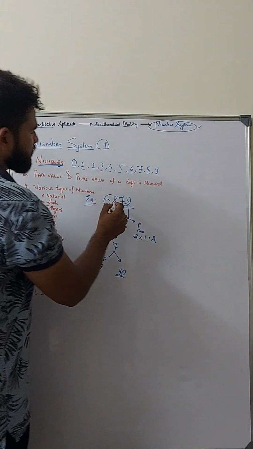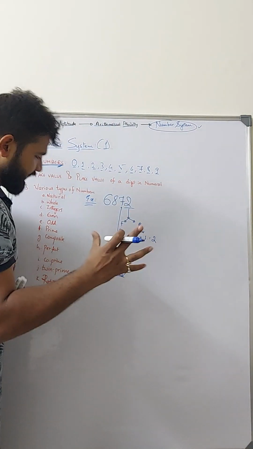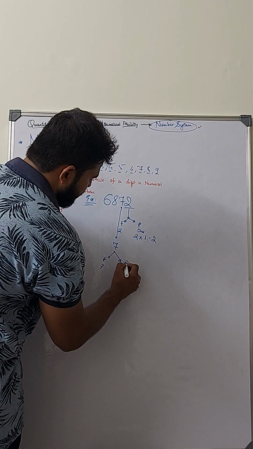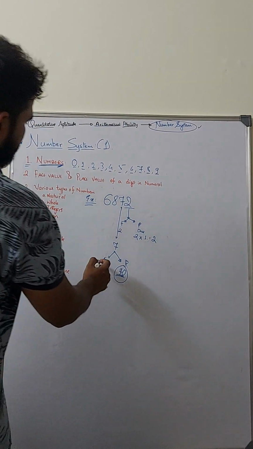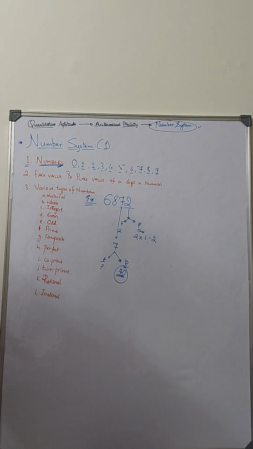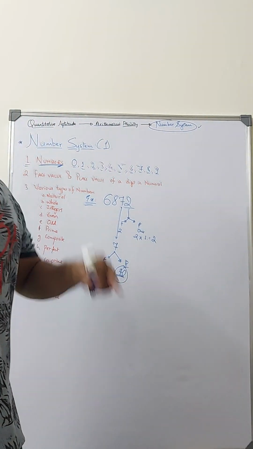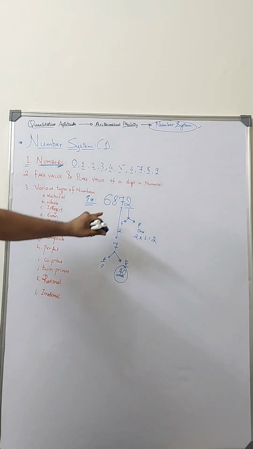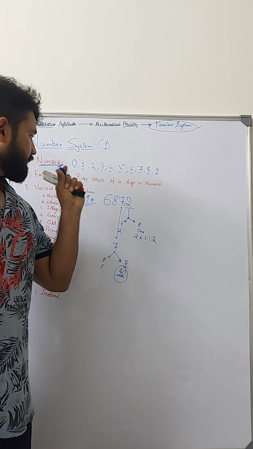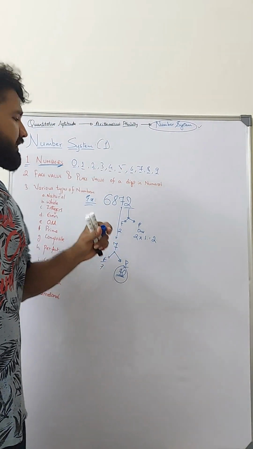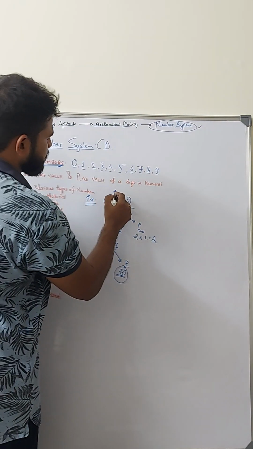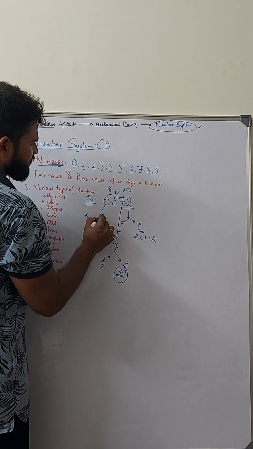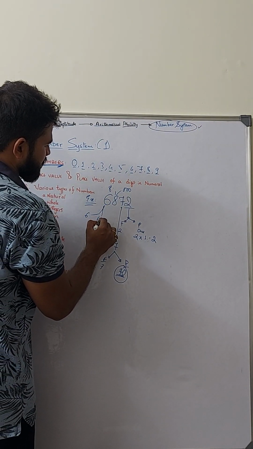So similarly this is 72, right? 70, hold that 70, and that is the place value. The face value is 7, but the place value is 70. Similarly for 8, the face value will be 8 and the place value will be 800. Similarly for 6, the face value will be 6 and the place value will be 6000.